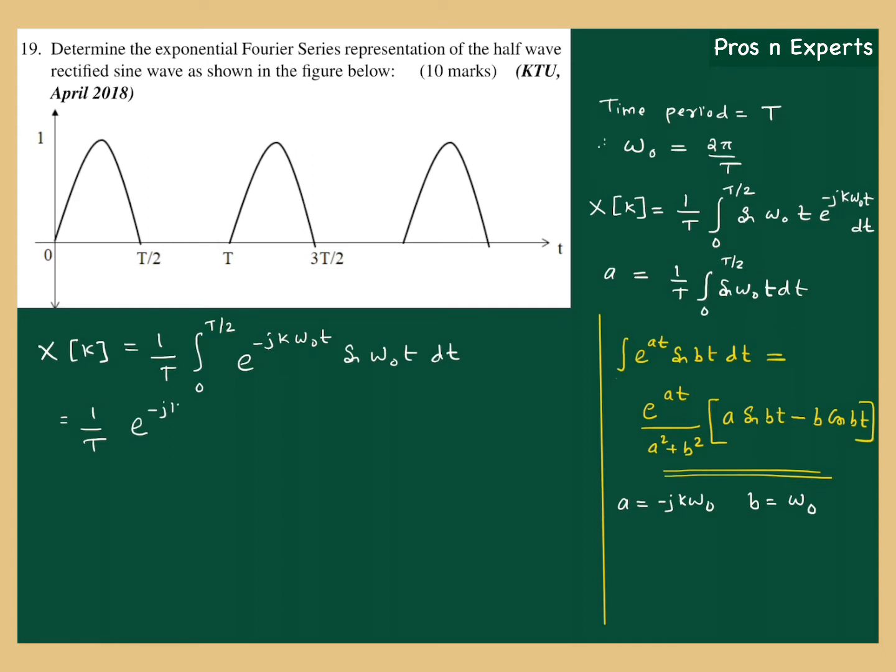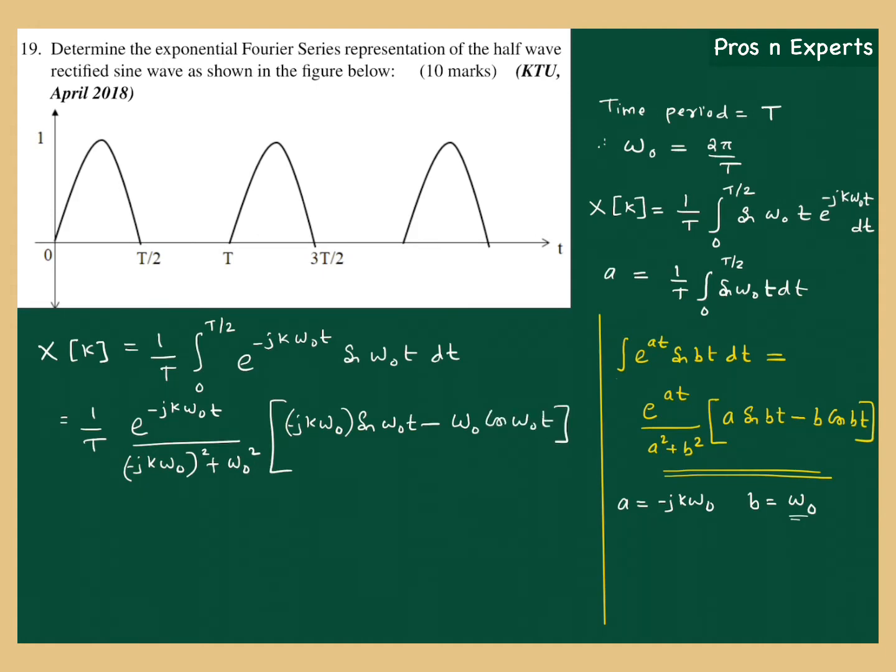So e raised to minus jk omega 0 t divided by a square plus b square. A square is minus jk omega 0 whole square plus b square, where b is omega 0, so b square is omega 0 square, into a sine bt, where a is minus jk omega 0, sine omega 0 t, minus b cos bt, where b is omega 0, so omega 0 cos omega 0 t.